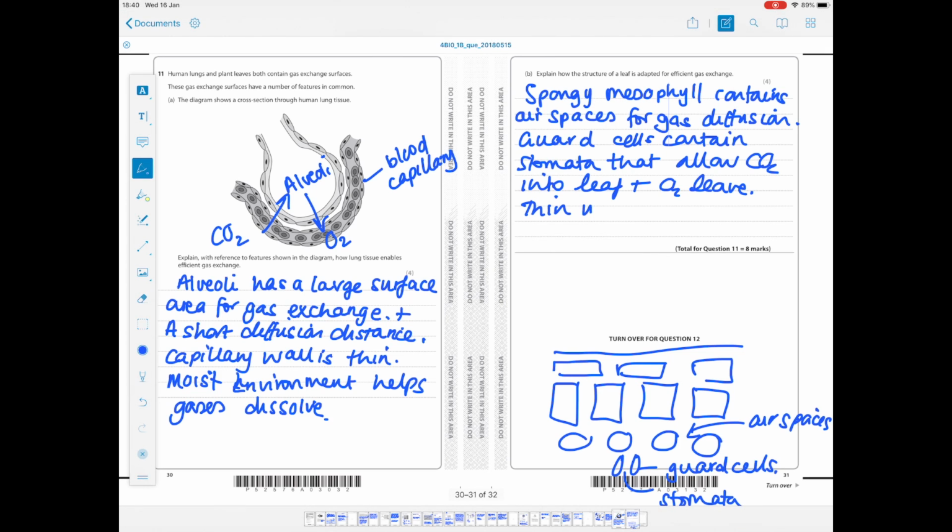So you want to say thin with a short diffusion distance, and moist to allow gases to dissolve again. So look, you've written the same answer twice and gotten 4 marks for it.